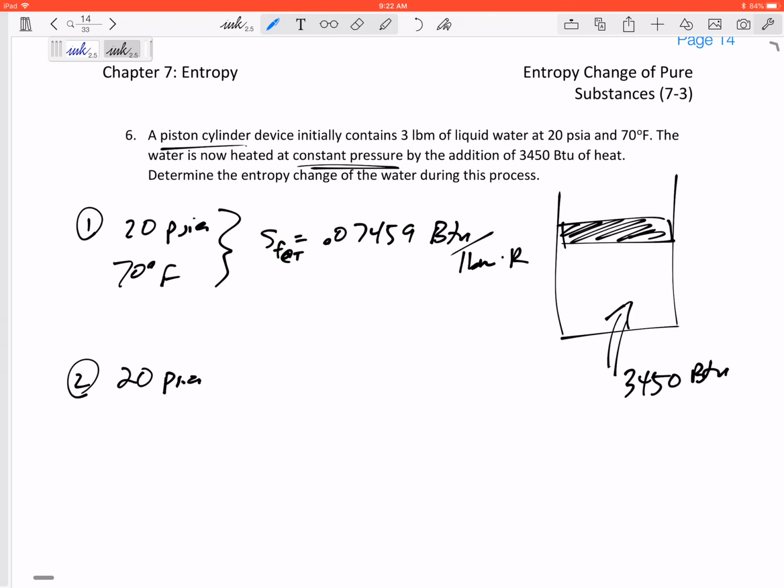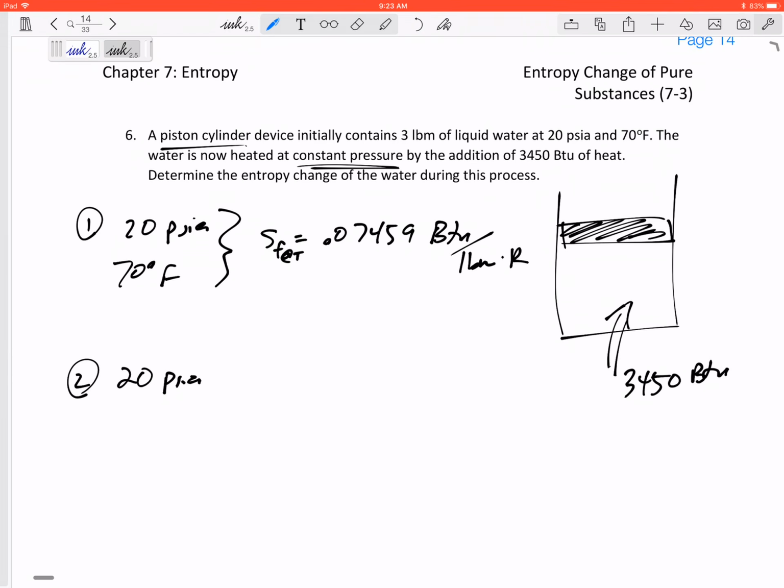So I need one other piece of information, and then I can find the entropy. So what do I know? I know I've got this Q. This is not an isothermal process, but it's like what we did in chapter 4.